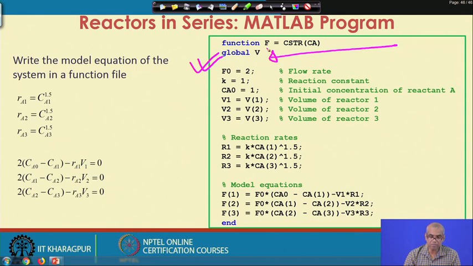If the variable is declared as global, it will be accessible to all other associated programs for this optimization problem. So, you define the parameters and the variables. These are the equations for the 3 reaction rates and these are the 3 equations for the 3 mass balances in CSTR 1, 2 and 3.